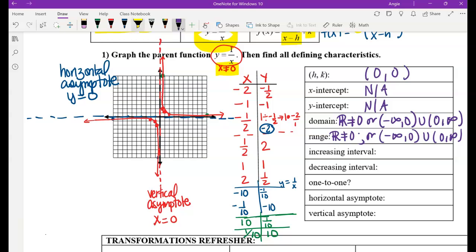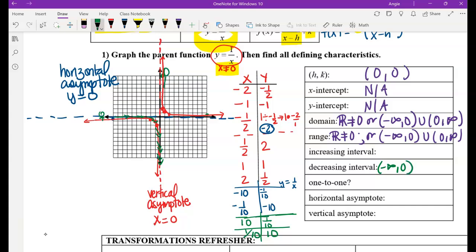Increasing interval. So let's look to see if this is increasing or decreasing. If we're going from left to right, as you can see here, it's confusing, but left to right on the red, we are definitely decreasing. It gets steeper as we are closing in on 0. So it's going to be decreasing from negative infinity to 0, definitely. And let's try the right side.